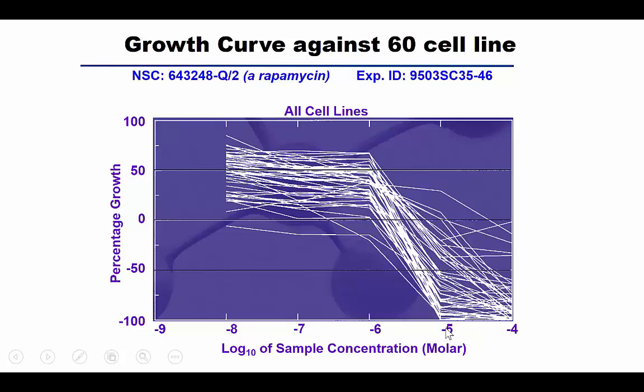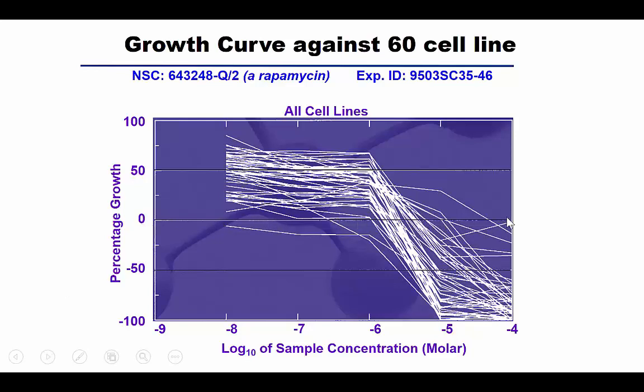They pick 3 data points. First one, here, this is 100% growth, then this is 50% growth at this concentration. That's what they call GI50, growth inhibition 50. Now this one, the 0 value here, can tell you whether cells can grow or not.